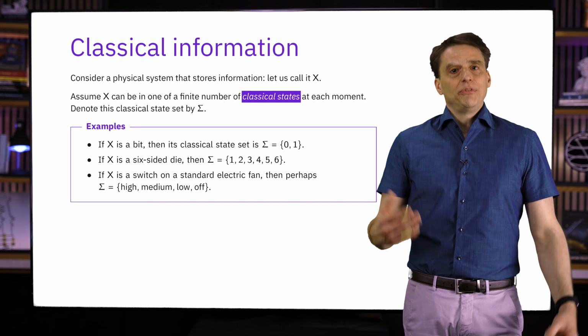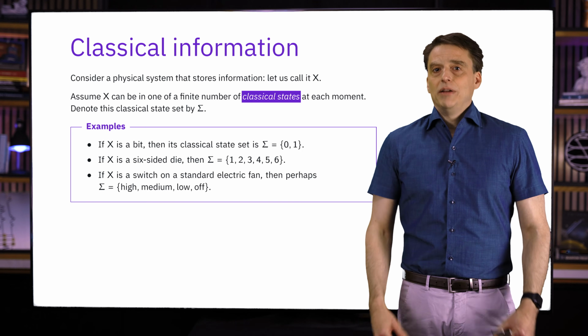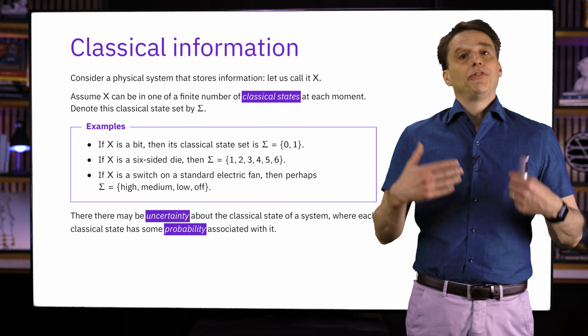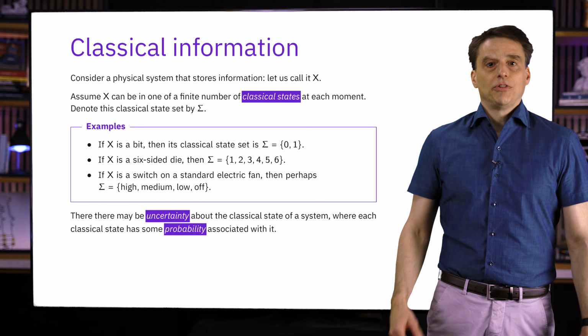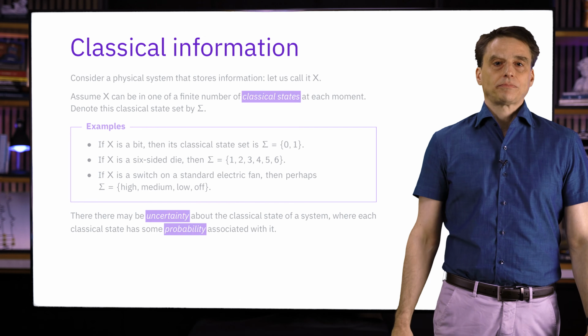Now, in some situations, we might know that X is in some particular state, but in many situations that arise in the setting of information processing, there may be uncertainty about the classical state of a system at a particular moment, so that each possible classical state has some probability associated with it.